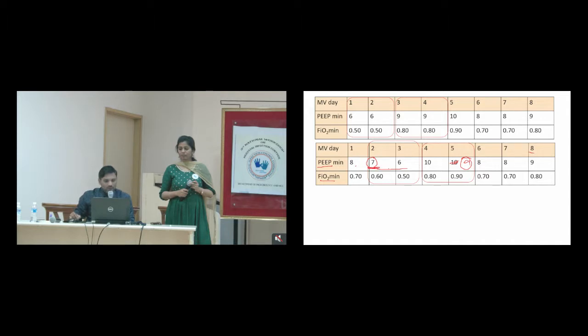Either both the values should be same, or the second day's value should be less than the first day. This is point number 1. Point number 2 is it should be immediately followed by worsening of gas exchange for 2 days. Worsening of gas exchange is defined as PEEP more than or equal to 3, FiO2 more than or equal to 0.2. Either or, both need not be there, either PEEP or FiO2.